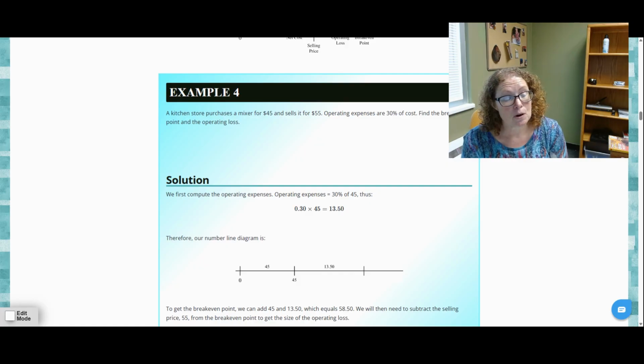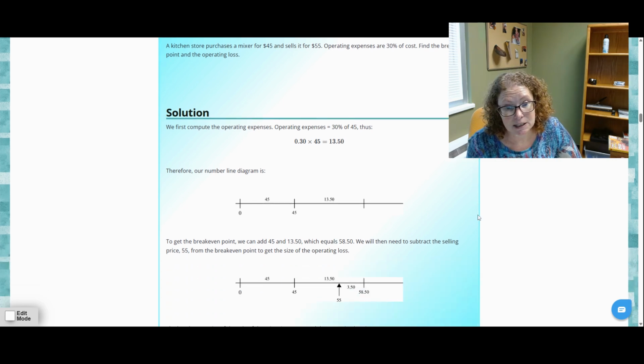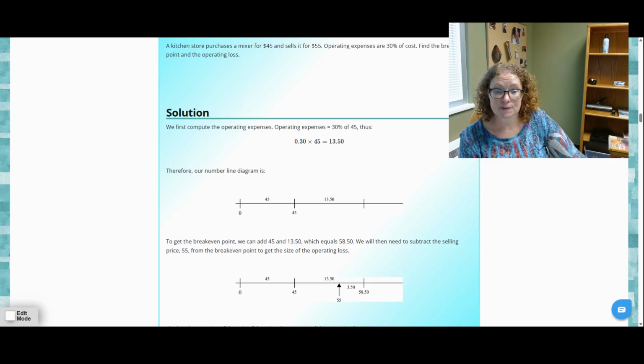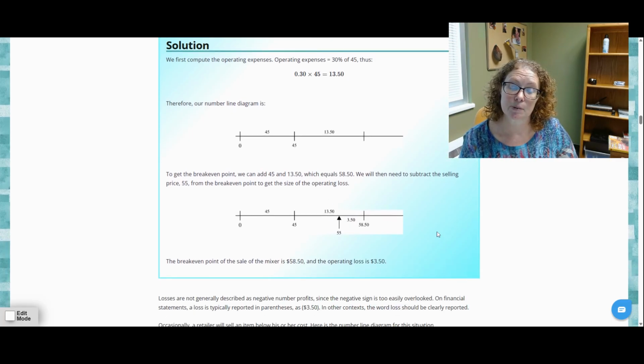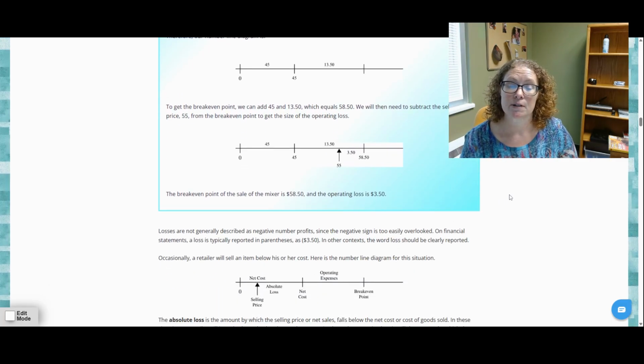But if you look, the problem says that they're selling them for $55. So technically, we're losing money because the difference between the $58.50 and the $55 is $3.50, which you can see on that chart would be the operating loss there.